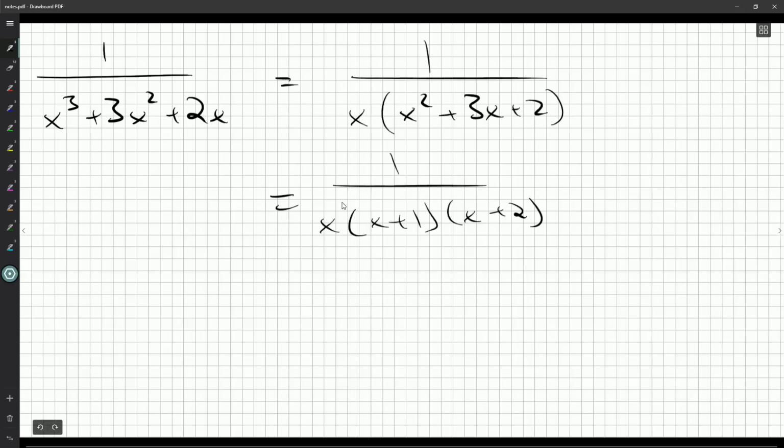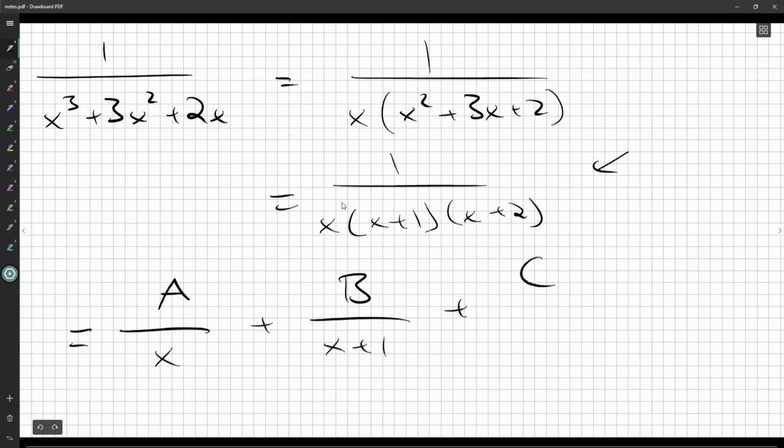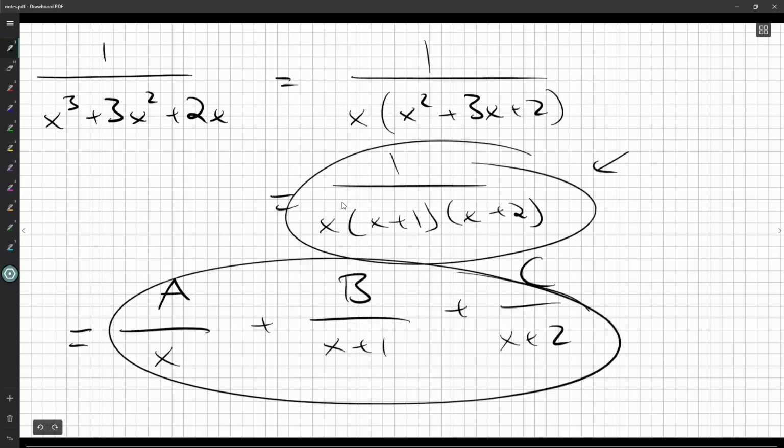But anytime you factor a rational expression like this, and you have just linear terms on the bottom, you can always find constant real numbers a, b, and c to make equality between this expression and this expression. We just have to actually figure out what are the a, b, and c. So this is called partial fractions. If you're interested in learning more, by all means look that up.